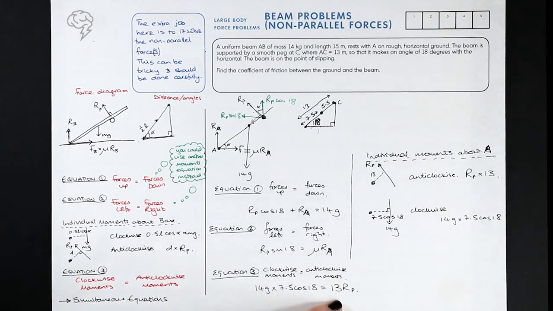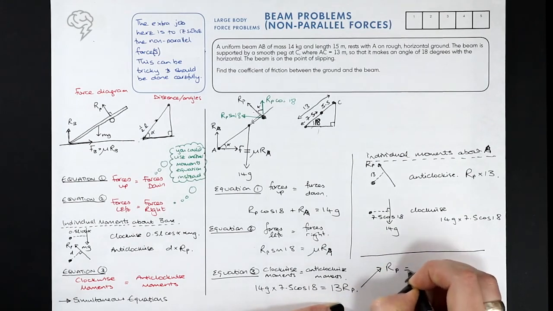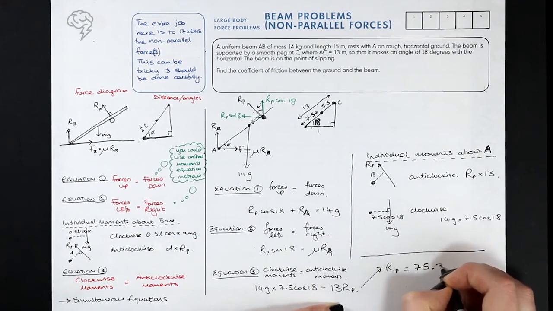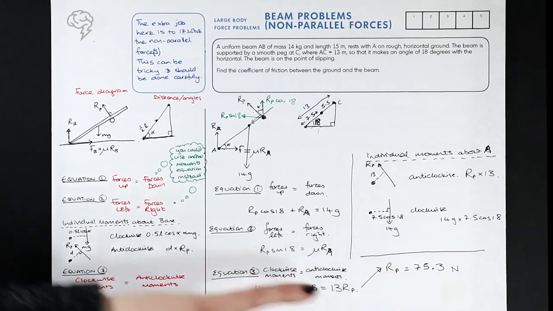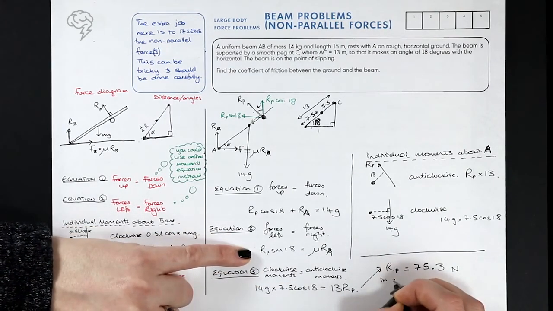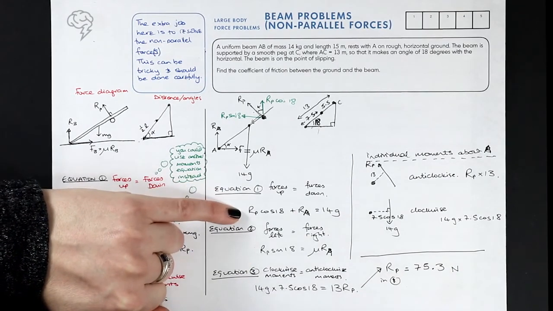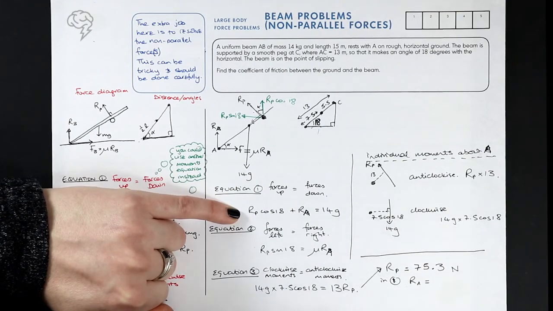Right, now this one's only got one variable, so I can use equation 3 to get RP straight away. That comes out to be, to 3 significant figures, 75.3, and that's in newtons because it's a force. Then I can use this in equation 2. Not yet. I can use it in equation 1 to get the reaction at A. Obviously, I would show my working here and sub it all in.